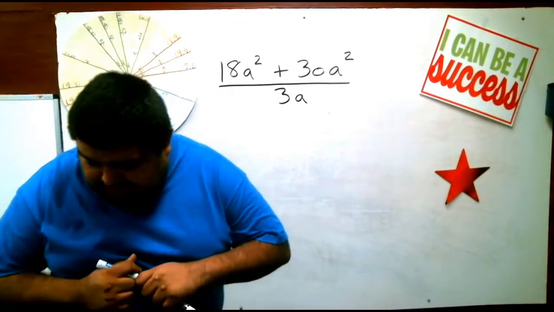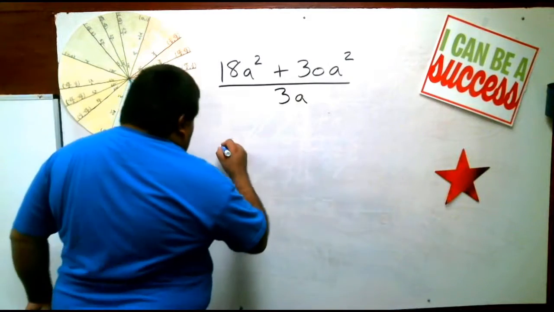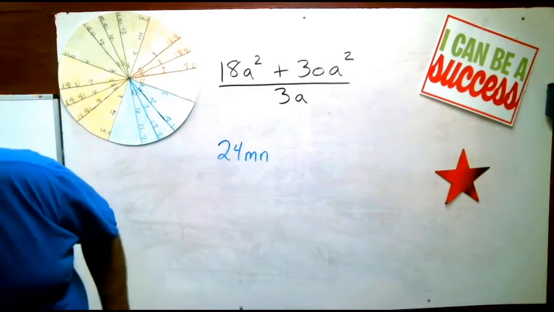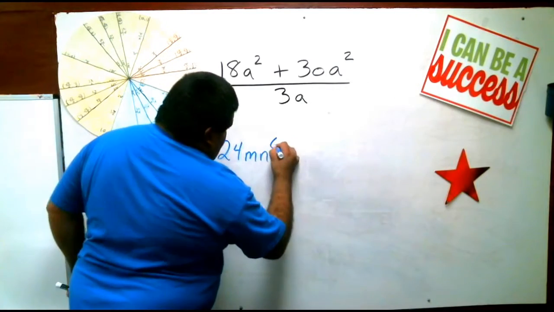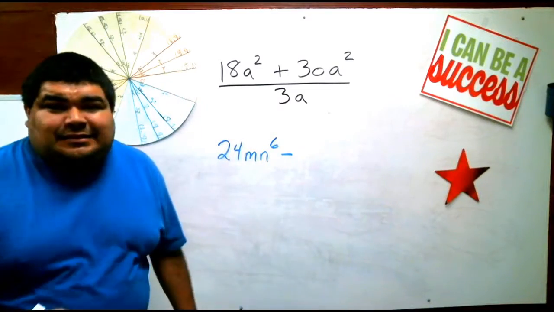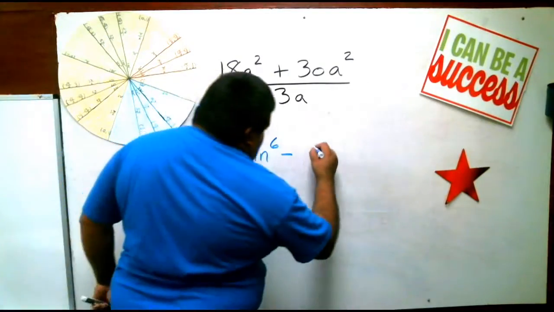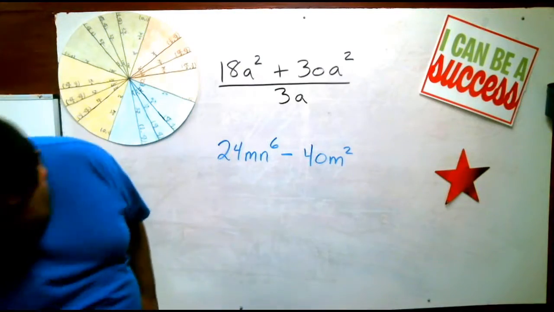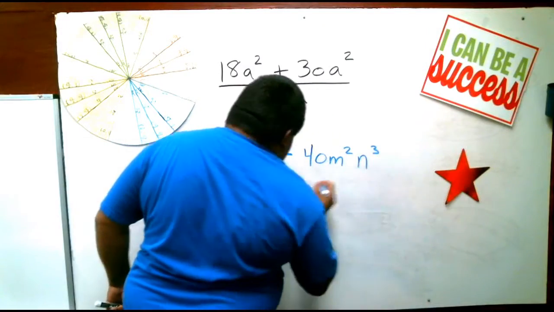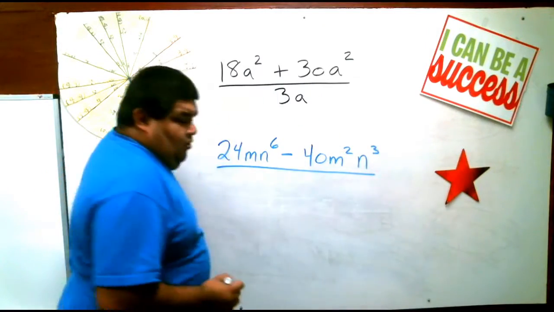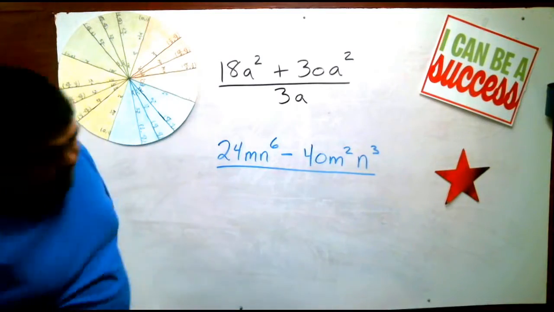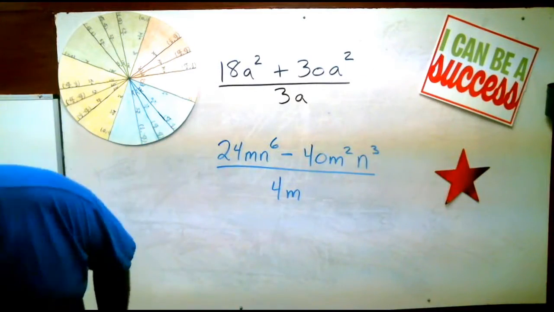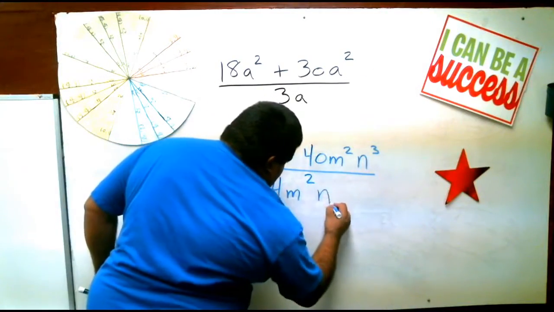Your second problem is 24m n to the 6th minus 40m squared n to the 3rd over 4m squared n to the 3rd.